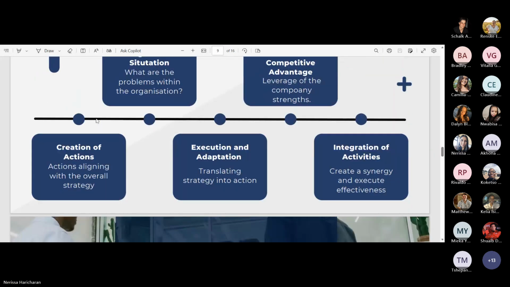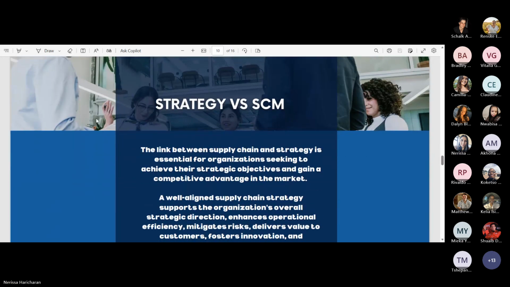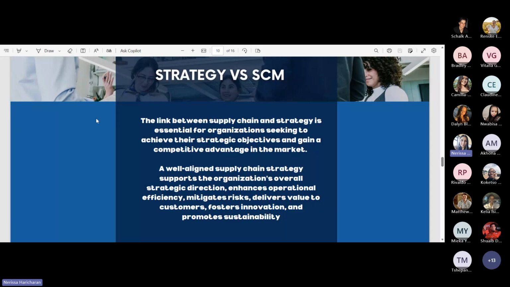Okay. Then we want to look at strategy versus supply chain, which is very similar to what we had gone through already, but just creating that link when we're talking about different business objectives and risk factors.